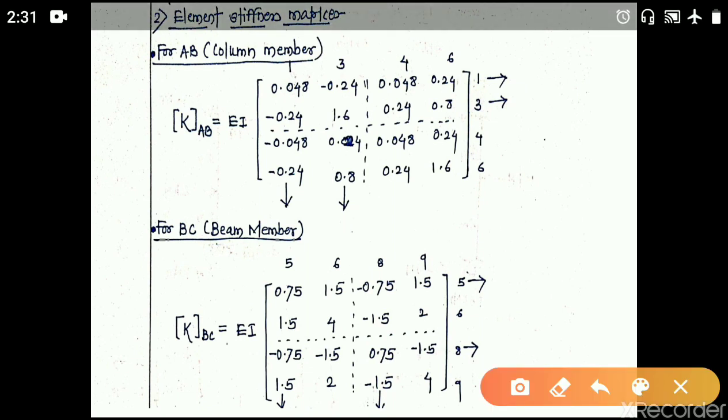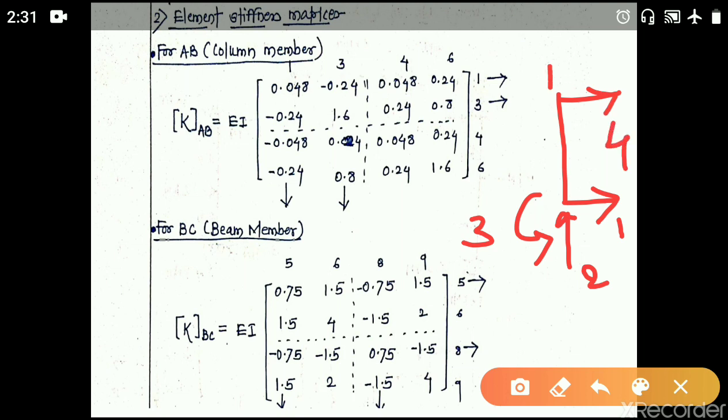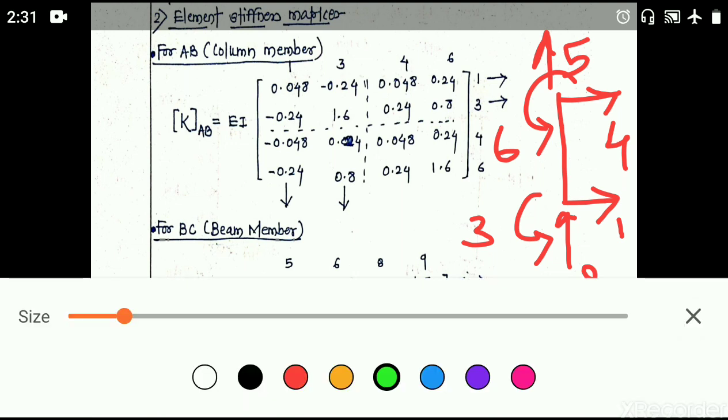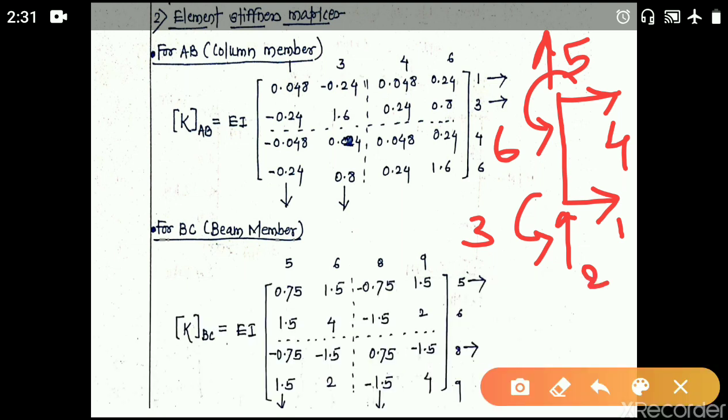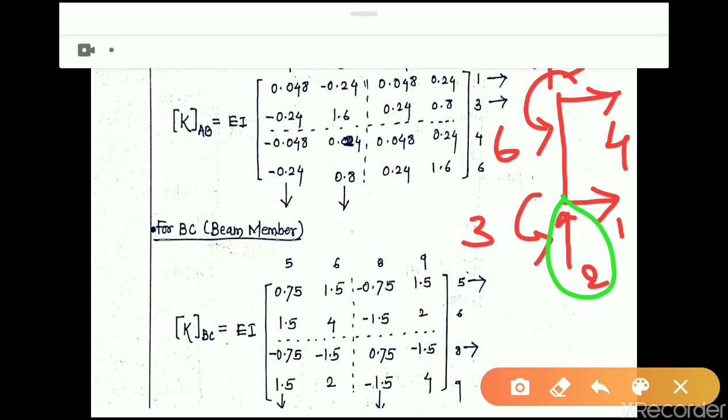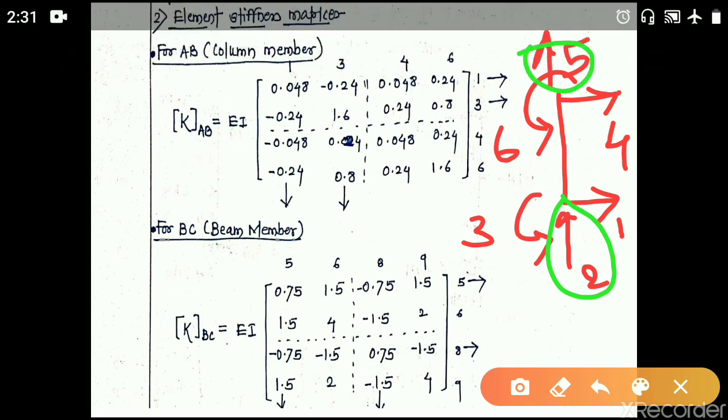So here, this member AB, at A point 1, 2, 3. This is 4, 5 and 6. So axial deformation for this member is number 2 and number 5. So that is neglected here.